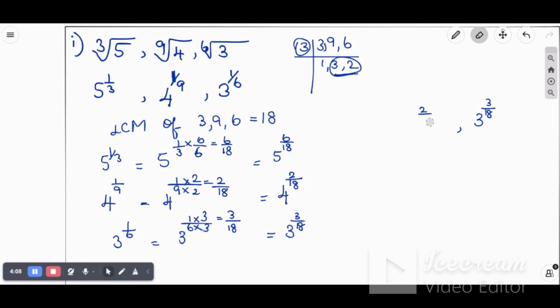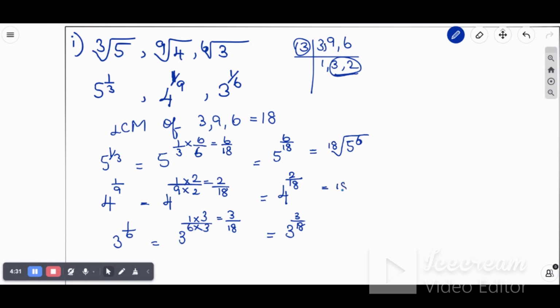Anyways, I'll rewrite it to continue. Let's have a continuation of this. So this will be equal to the 18th root. Do you remember, 5 to the power 6 by 18 can be written by taking the 18, the denominator, as the root, and 5 power 6. There is a formula for this: take the top power on the top, and the denominator as the root.